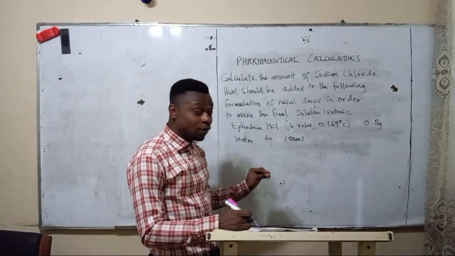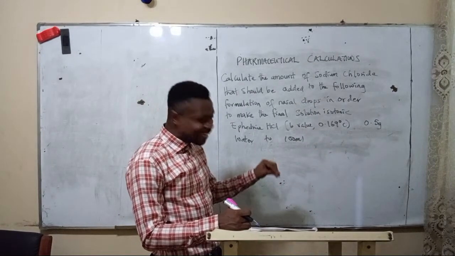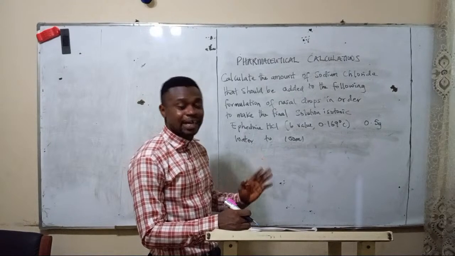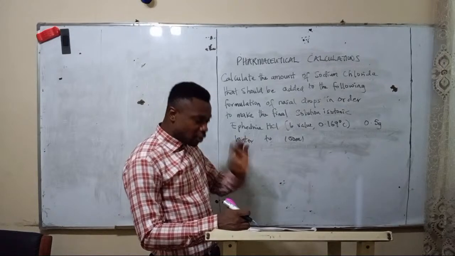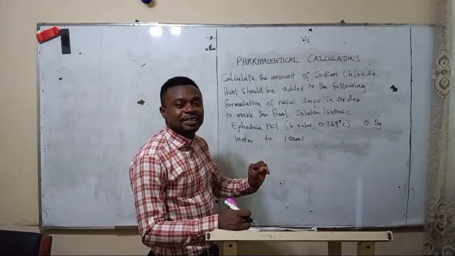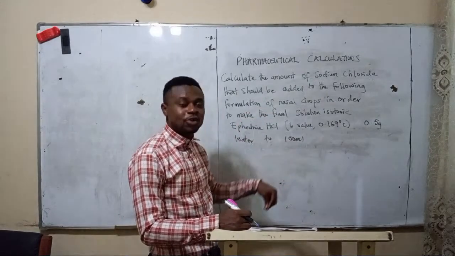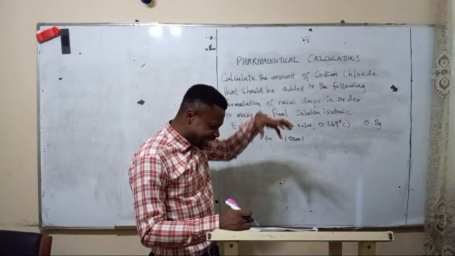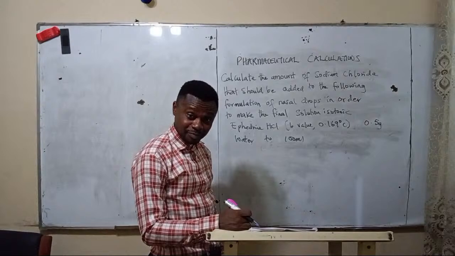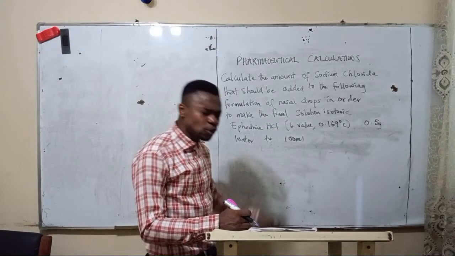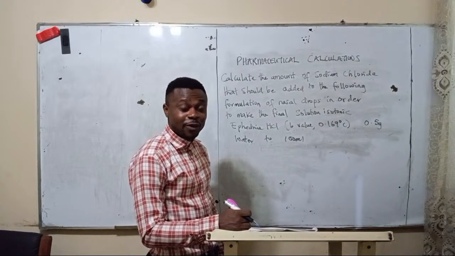That means if you get 0.9 gram of sodium chloride and dissolve it in pure water and make it to 100 ml, pure water on its own has a freezing point of 0 degrees Celsius. When you add sodium chloride, it will depress the freezing point of pure water from 0 degrees Celsius to minus 0.52 degrees Celsius.